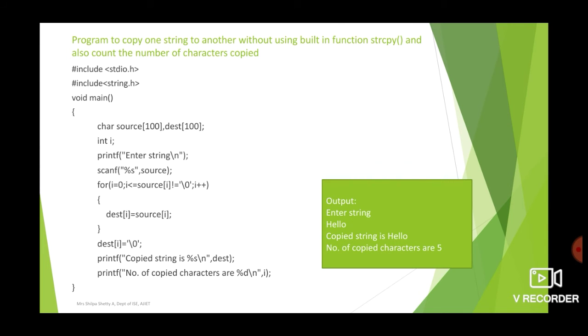Then we are using a for loop in this program, so we are taking the loop variable as i, int i. Now let us read the source string: printf("Enter string"), scanf("%s", source). Once the source string is read, now we need to copy it to the destination string. The logic that we are using is quite similar to the string length function.